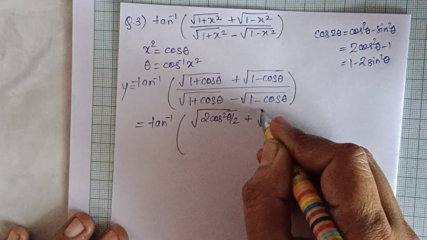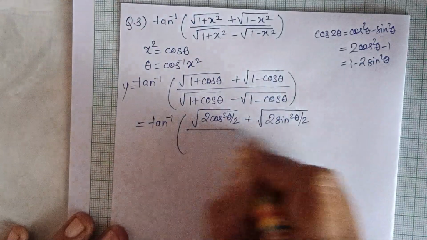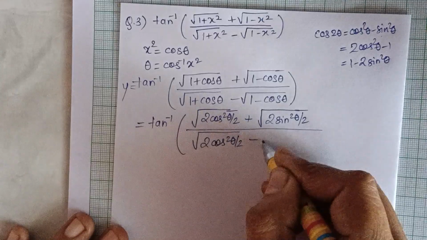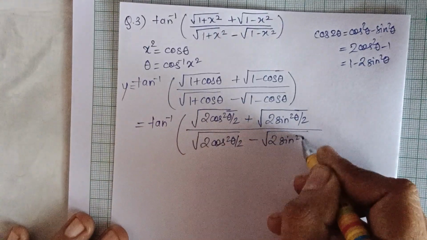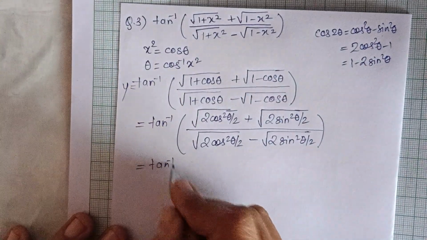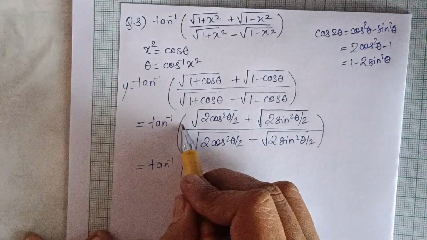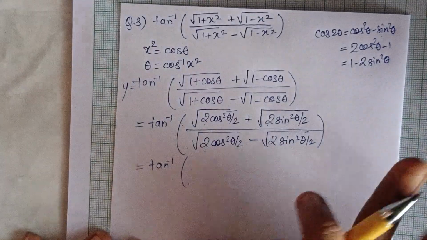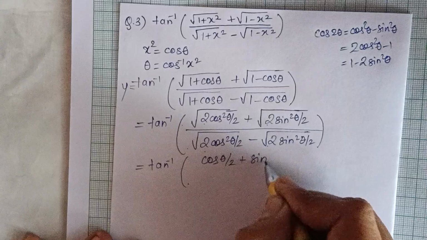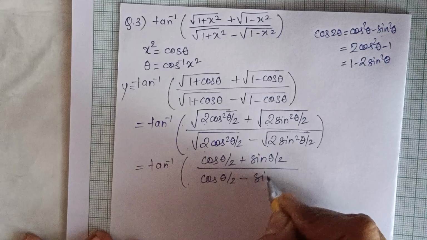Okay, and 1 minus cos theta is 2 sin square theta by 2. So root and square gets cancelled. Root 2 remains here, here also root 2 remains. So outside it will be root 2, here also outside root 2, that also gets cancelled. Okay, cos theta by 2 plus sin theta by 2, upon cos theta by 2 minus sin theta by 2.